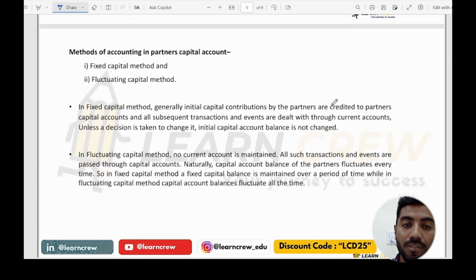So in partners' capital account, we discussed two types, right? One is the fixed capital method, and one is the fluctuating capital method. Say, for example, partners A and B are there.